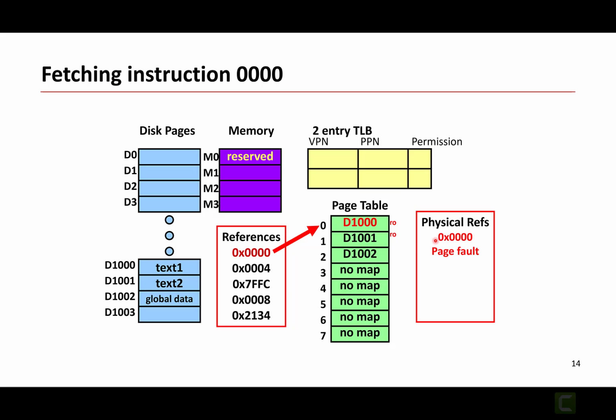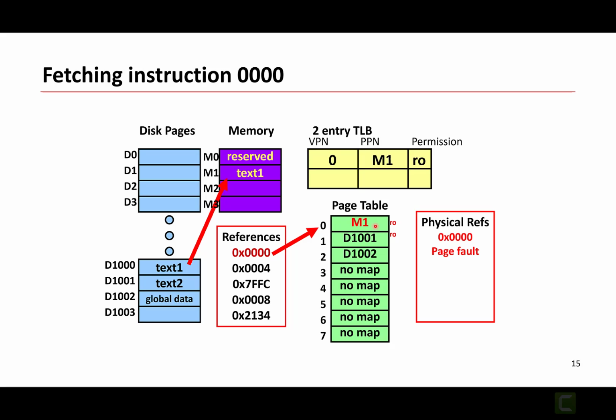So I accessed the physical address 0 to do the address translation. Remember, 0 corresponds to this page 0 here, which stores the page table, and I access this address 0 to do the address translation, and I discover that it's a page fault. And so now I have to access D1000. I access D1000 and I bring the data into the memory because I have free memory pages.